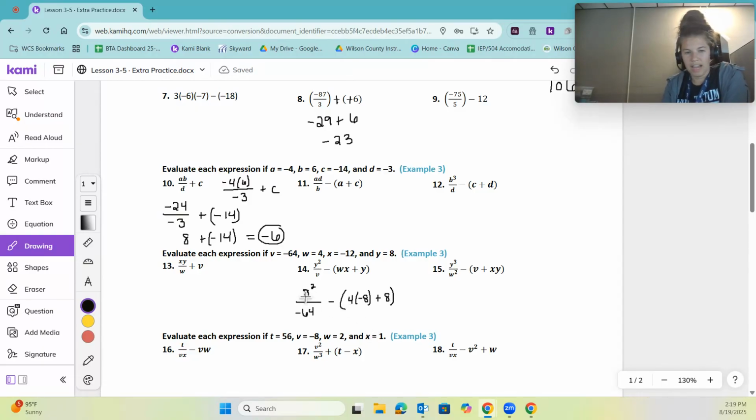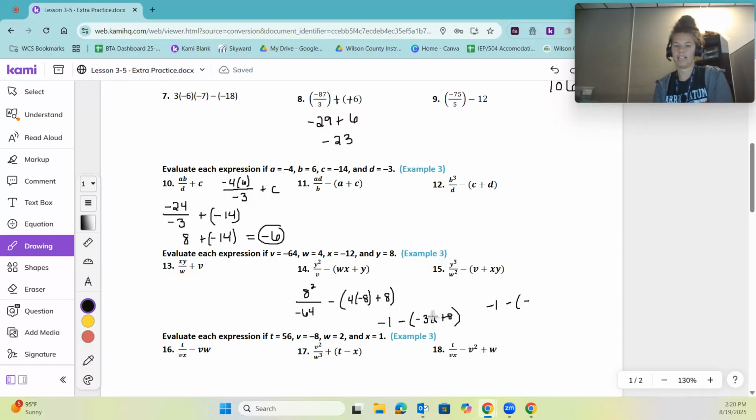Okay, so we have 8 squared is 64. 64 divided by -64 is going to be -1 minus, and then we have -8 times 4, which is going to be -32 plus 8. And again, we're still in that parentheses, so we can simplify a little further. We have -1 minus -32, and then -32 plus 8.